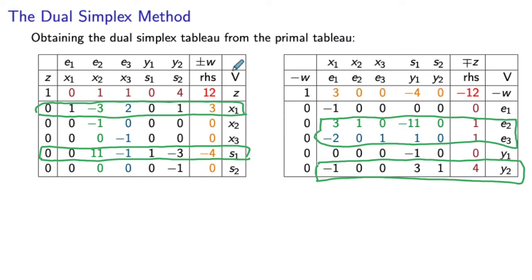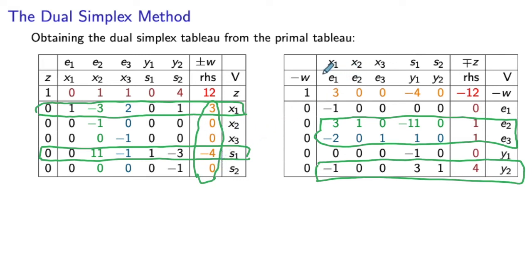And note that for the dual objective that corresponds to the right hand side of the primal, we write here plus minus w, because for the objective value we have here plus w, but if you look at this column of right hand sides here, then it corresponds to the coefficients in the objective for -w.